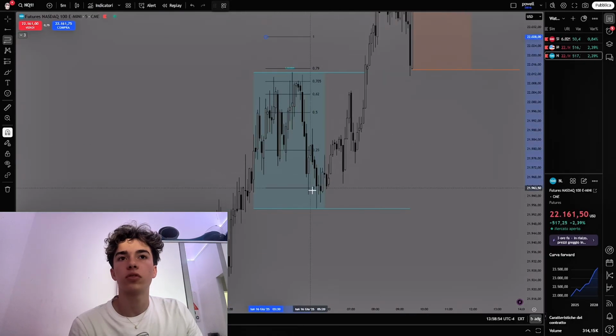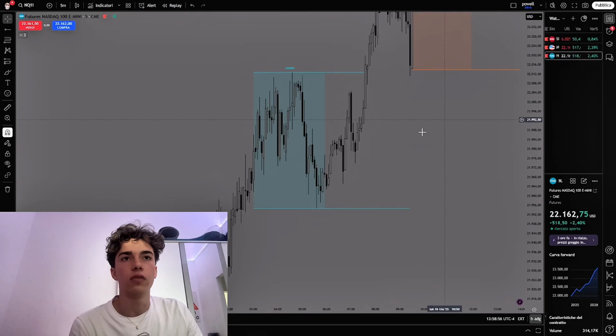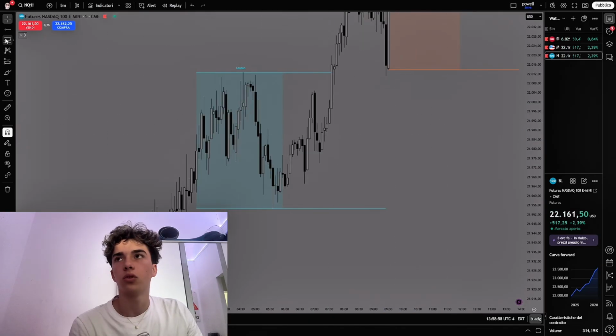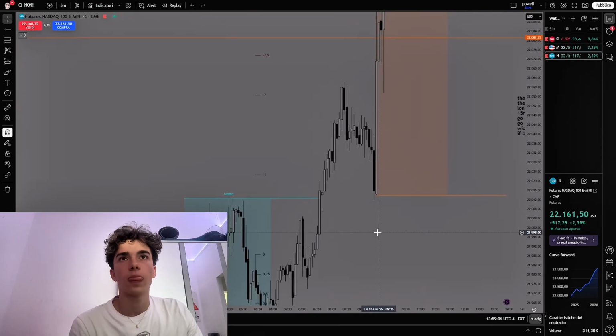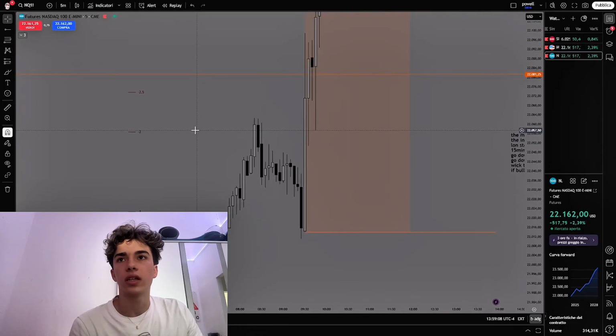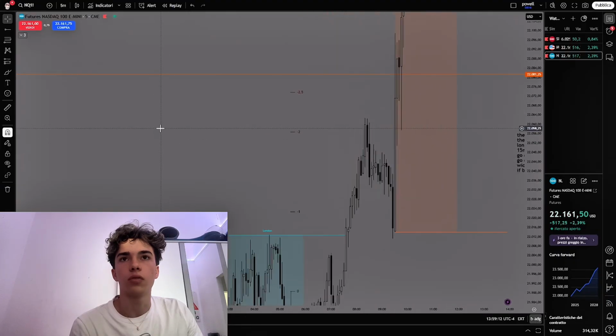It's an uptrend, so we want to catch the reversal of the uptrend, so we mark this out from the bottom to the upside, and we aim exactly for the -2 or the -0.5.